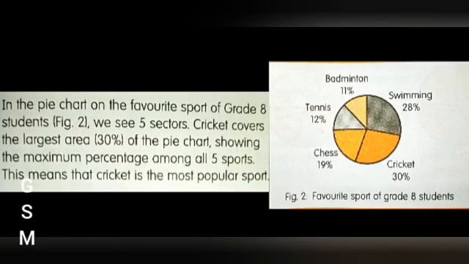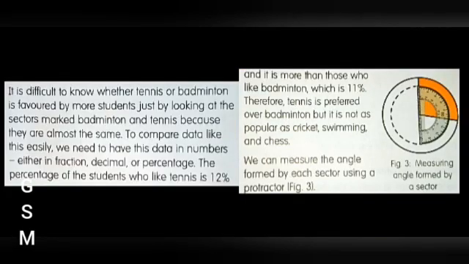In the pie chart on the favorite sport of grade 8 students, we see 5 sectors. Cricket covers the largest area, 30% of the pie chart, showing the maximum percentage among all 5 sports. This means that cricket is the most popular sport. It is difficult to know whether tennis or badminton is favored by more students just by looking at the sectors marked badminton and tennis because they are almost the same.